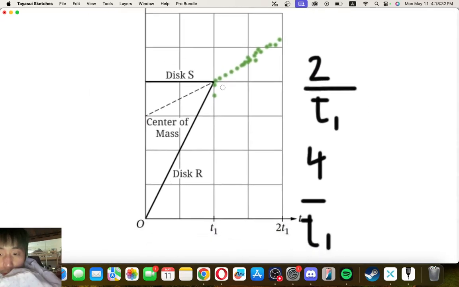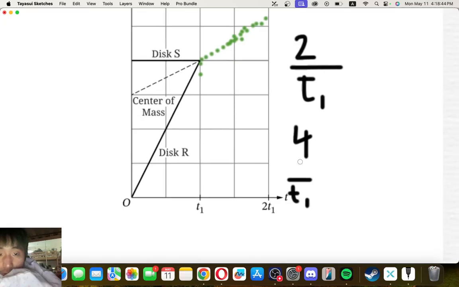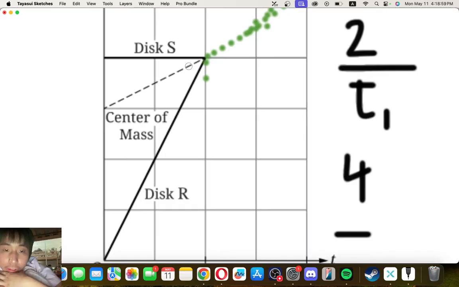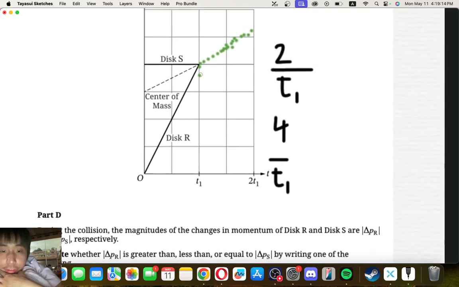I don't even know what I'm doing actually. Slope of this is 0, so I actually don't know what I'm doing. Something has to be conserved here. That's all I know. And you could probably draw this line, given that knowledge. So maybe I didn't have to draw 2T1, or maybe I had to draw 4T1, and they all have to add up to 4 T1 either way or something like that.